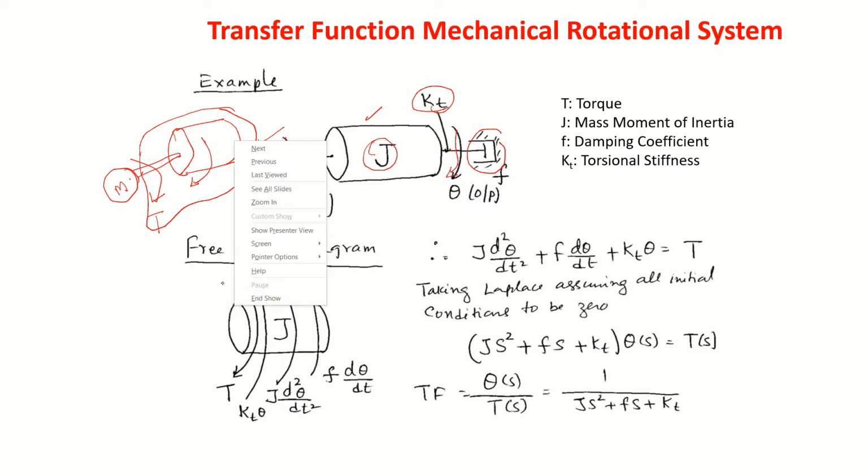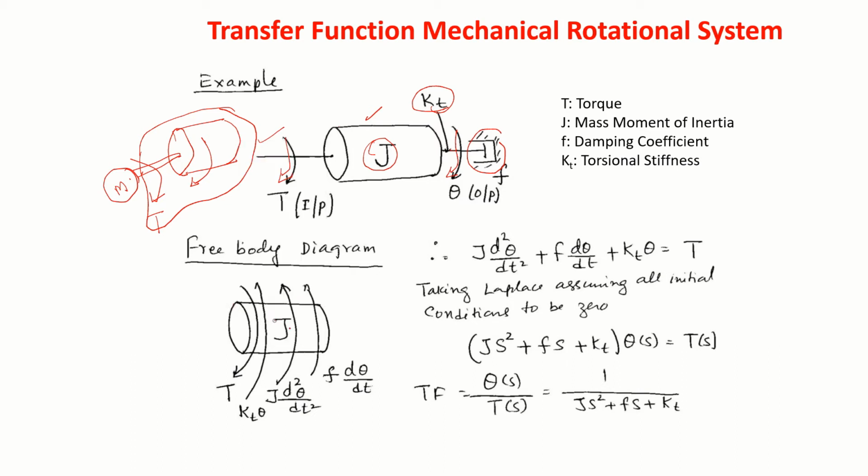So we are applying torque in the clockwise direction. It is the force. And to this J, the inertia force opposes the torque. As I mentioned, the inertia force is given by J d square theta by dt square, that is mass moment of inertia into d square theta by dt square.